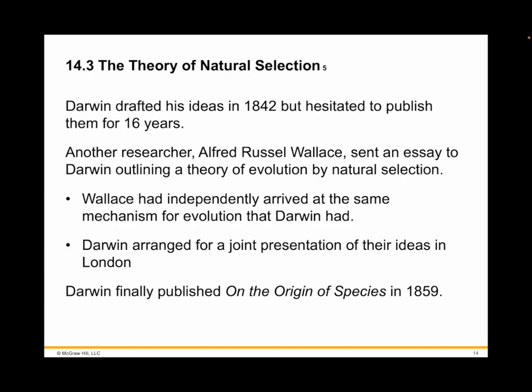After receiving Wallace's essay, Darwin arranged for a joint presentation of their ideas at a seminar in London. Neither attended the seminar. Wallace was still in Malaysia, and Darwin's young daughter drowned the day before the seminar took place. Darwin then expanded the 1842 manuscript he had written so long ago and submitted it for publication the following year as On the Origin of Species by Means of Natural Selection.